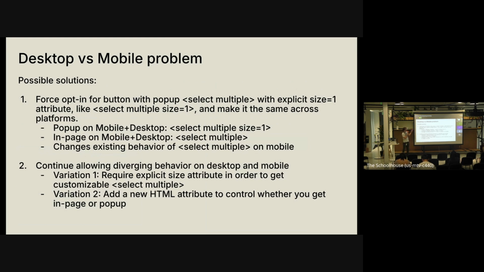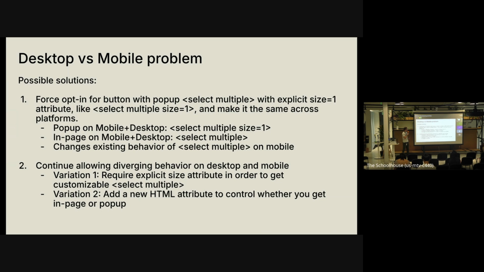Some possible solutions for this are, here's my favorite option. Option one is to require an explicit size equals 1 to get the button and the pop-up for select multiple on mobile or desktop. This would change the existing behavior of select multiple on mobile. We're not sure if this is web compatible or not yet, but I think it would be a really good solution.